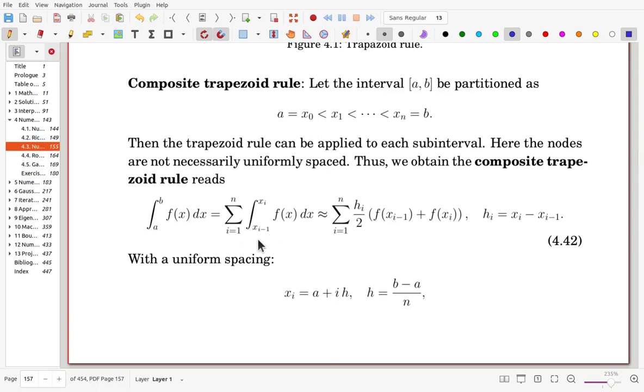For each one, we try to use the trapezoid rule, so that is now the approximation. So it's a sum of these terms, half hi times the left value and the right value of the subinterval. Okay, that is the composite trapezoid rule.